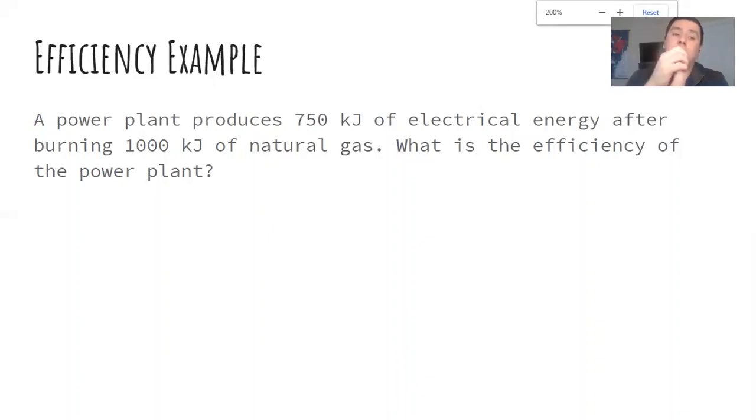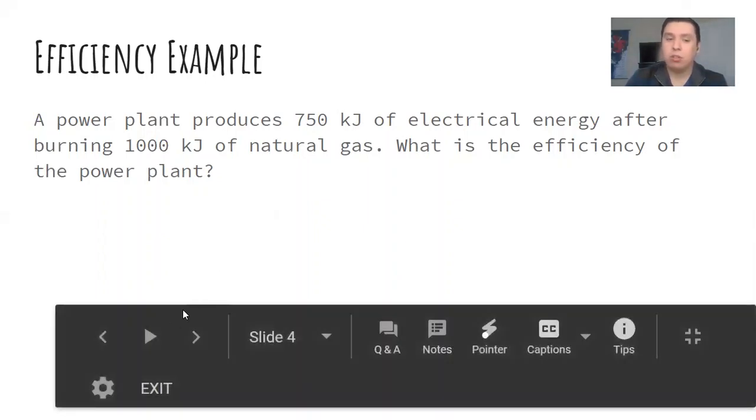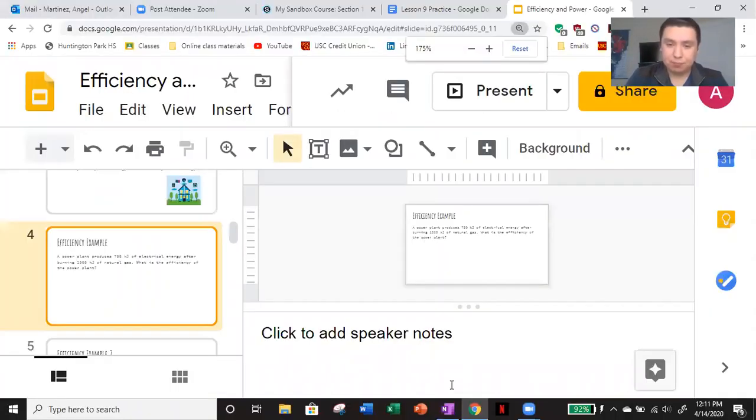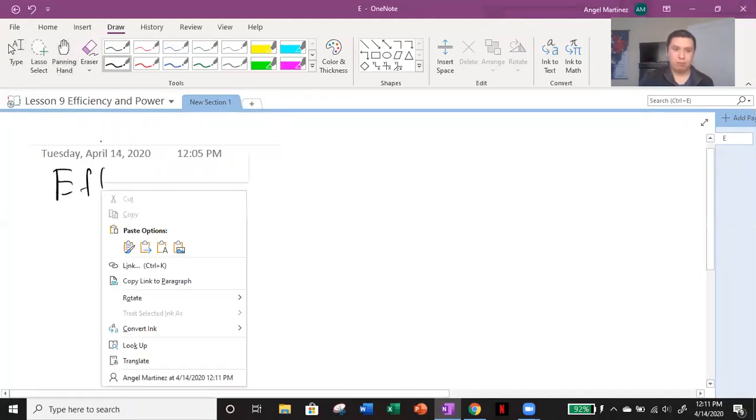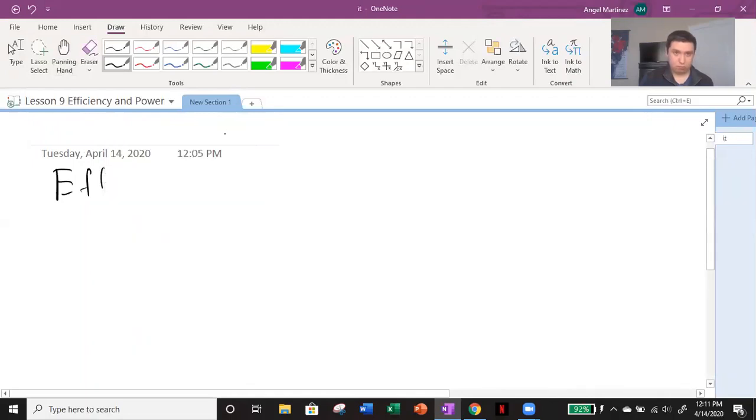So we have 1,000 kilojoules of natural gas, that's how much we have inside the system, and then 750 kilojoules of electrical energy. If you remember about converting energy, we converted thermal to electrical. Like I mentioned, for efficiency we either write the whole word, or some people just use this symbol, which is not an N, it's called mu.